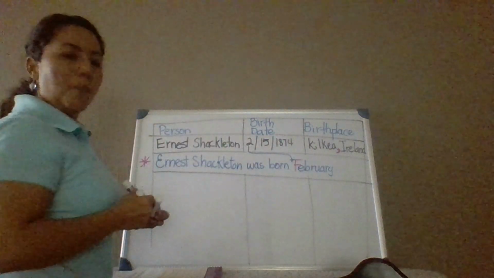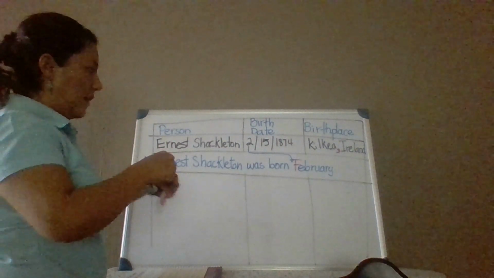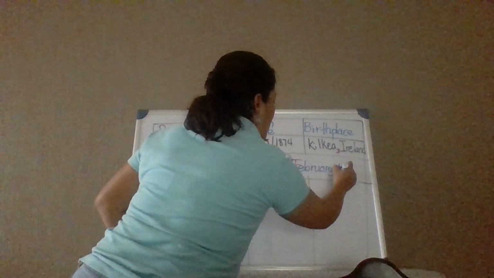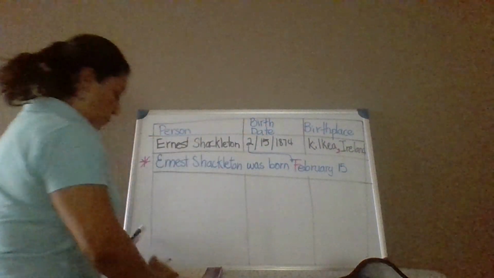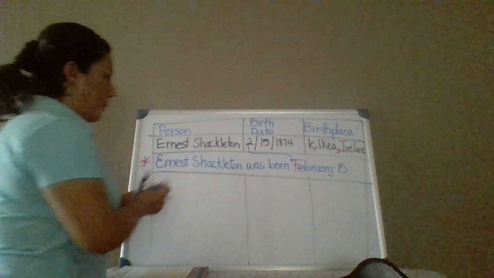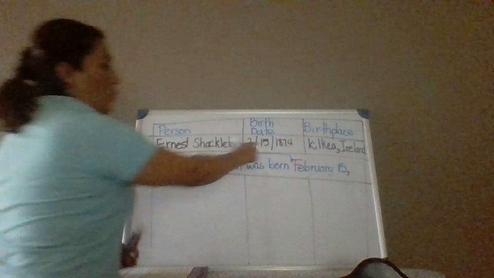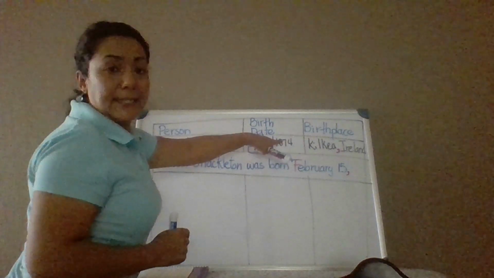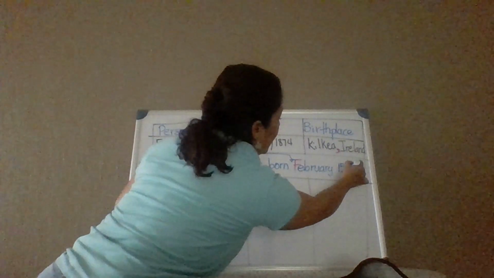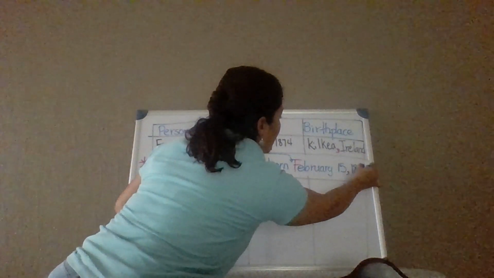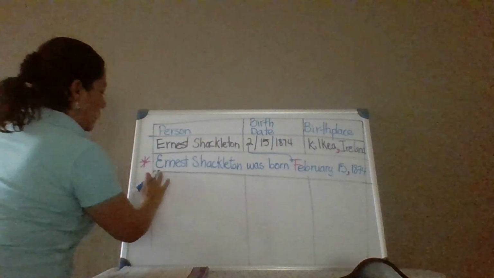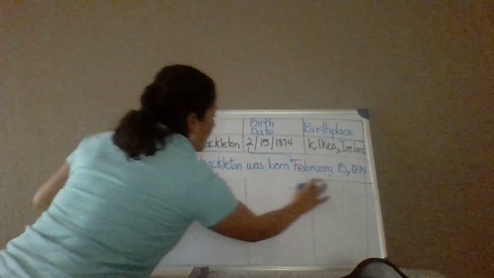What's the number of day? 15. And the book says there we place a comma. And what's the year? 1874, right? 1874. Uh-oh, we need more space here.